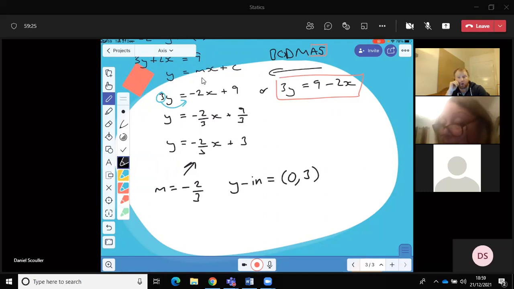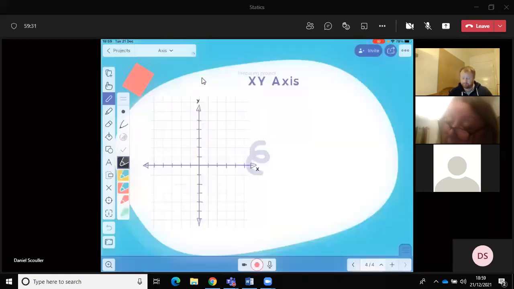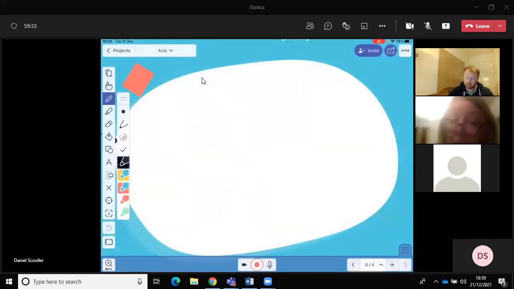So we need a little bit something. Don't really need this format, but we'll go with it. So we need another formula to work with that just allows us to do that, but we always want to end up back at the equation of a straight line, which is y equals mx plus c.